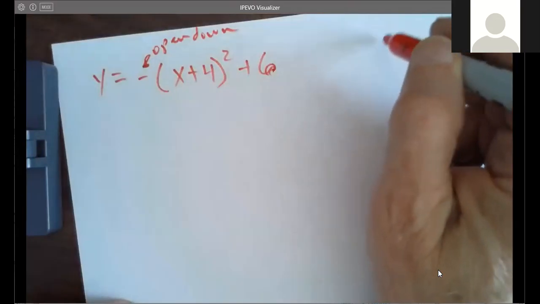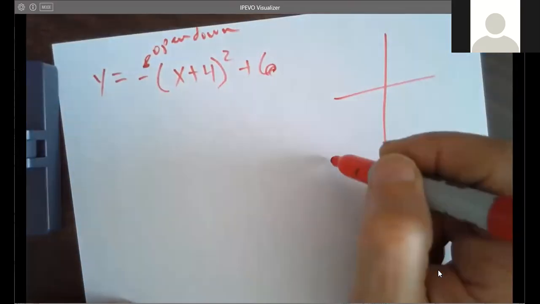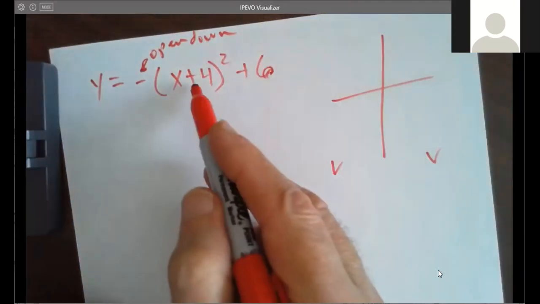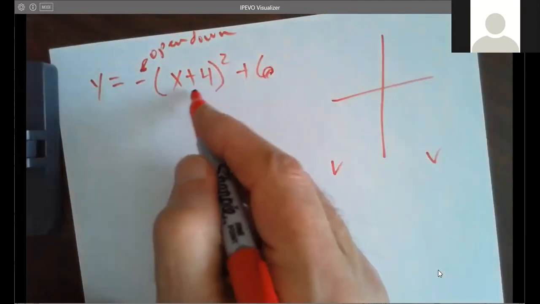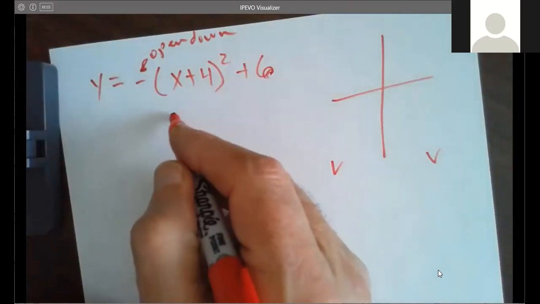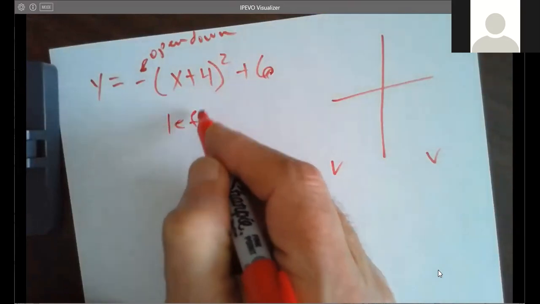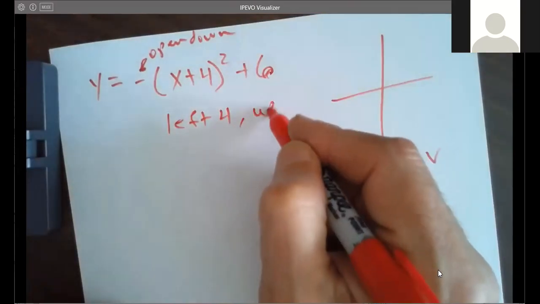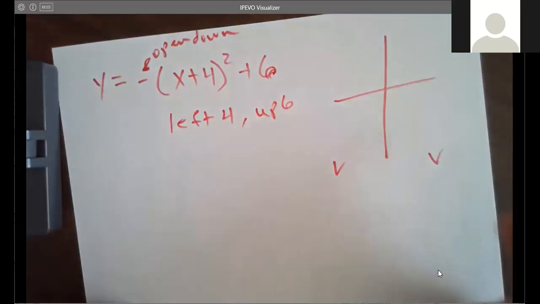So we already know it's going to open downward. Because it's plus 4, it's going to be the opposite. It's going to shift 4 spaces to the left. So that'll be left 4 spaces and up 6.